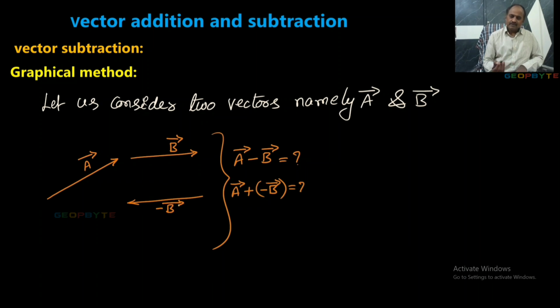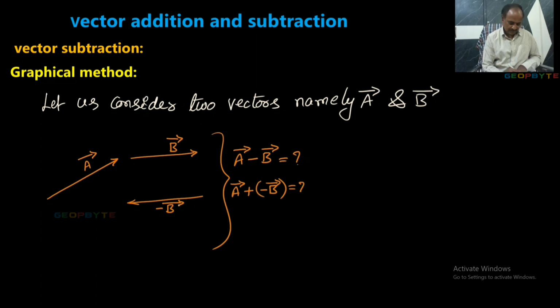Then you add the head of the minus vector b with the tail of the vector a. Then finally you join the tail of the negative vector b with the head of the positive vector a. That line joining is giving the subtraction of a and b.